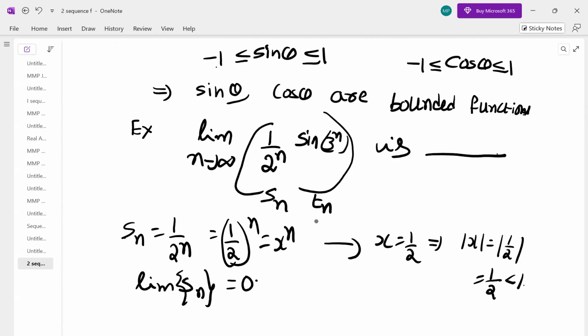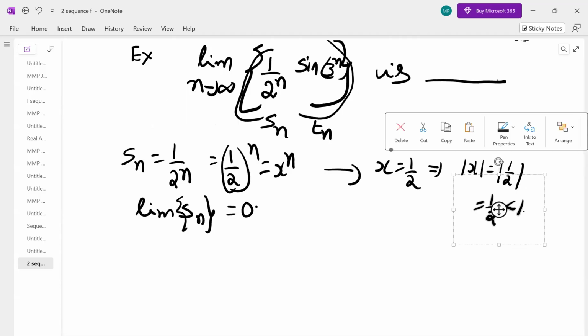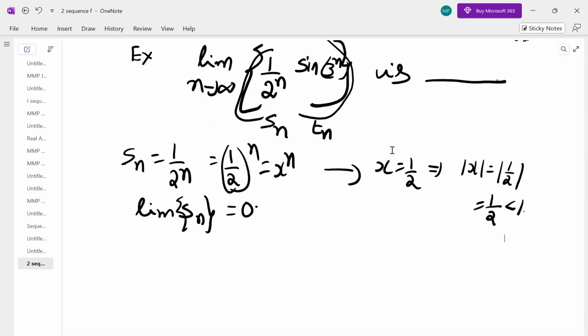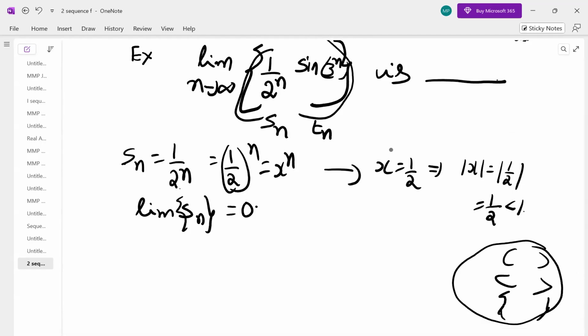I'll use this symbol for sequence, because we are using this flower bracket or open bracket. In some textbooks, they use this symbol also for sequence. Three symbols are used. You should understand whatever it is. So limit of Sn is automatically 0. Limit of (1/2) power n is 0.